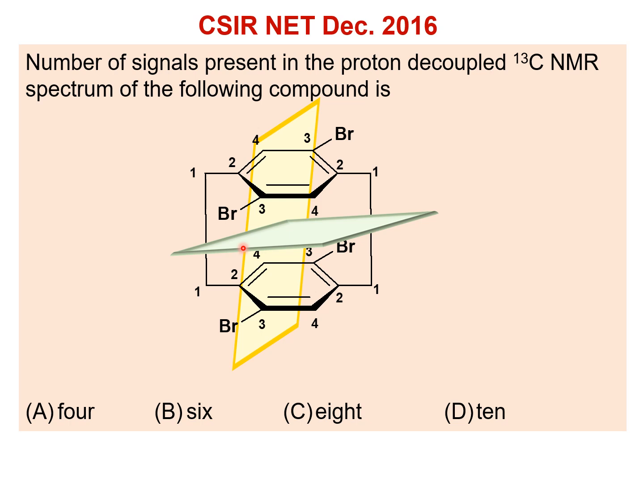Even though it contains 16 carbons, there are only 4 non-equivalent carbons, giving 4 signals in the C13 NMR spectrum. Hence, option A is correct.